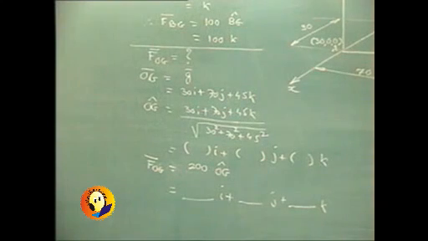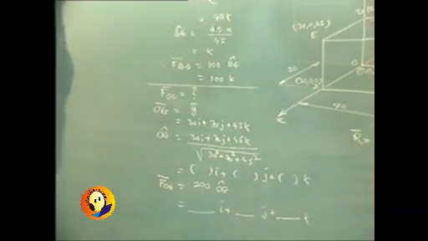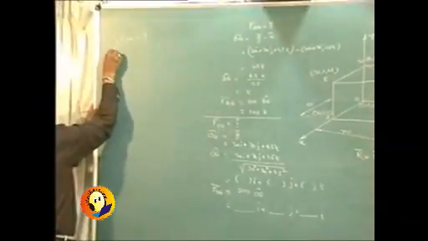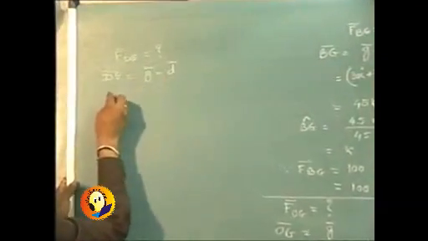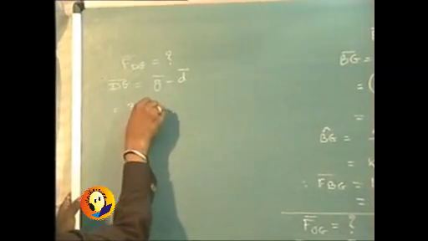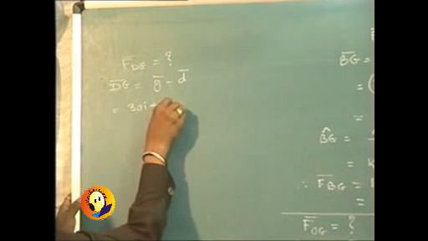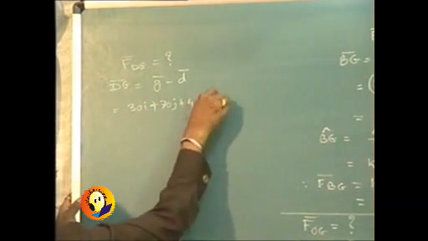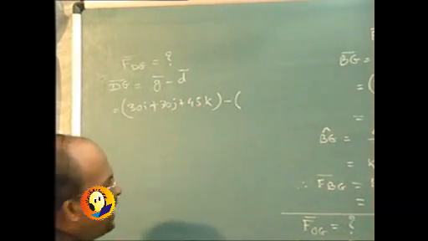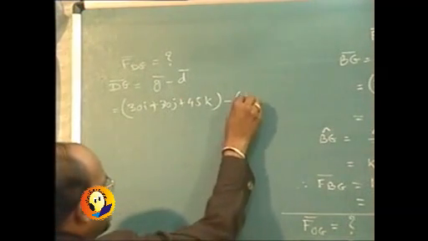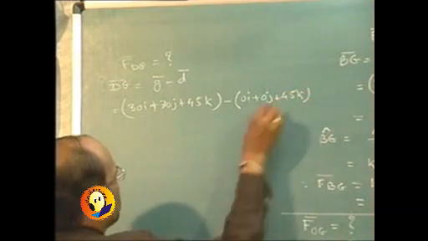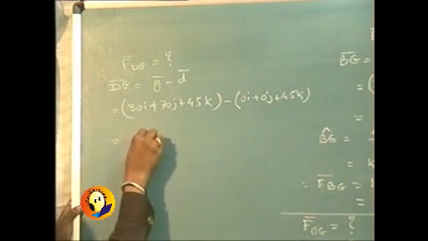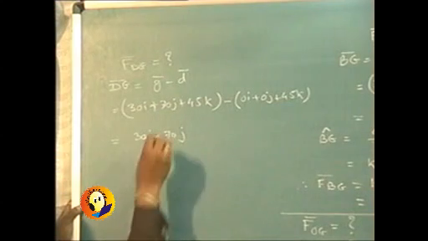After F_OG bar, we will be finding F_DG bar. That is, first of all find out DG bar, which is G bar minus D bar. G bar is 30i plus 70j plus 45k minus coordinates of point D, which are 0, 0, 45, that is 0i plus 0j plus 45k. And so this comes out to be 30i plus 70j.